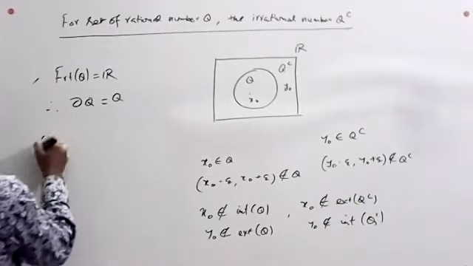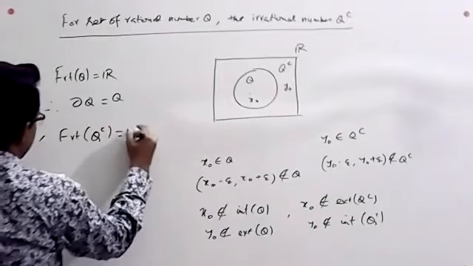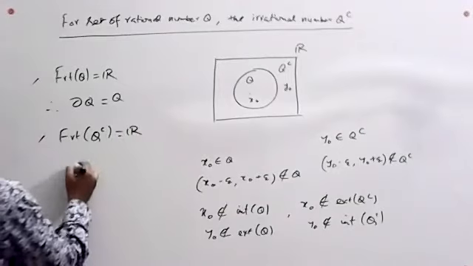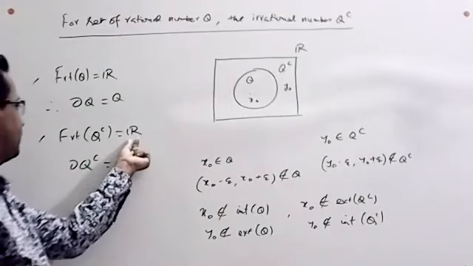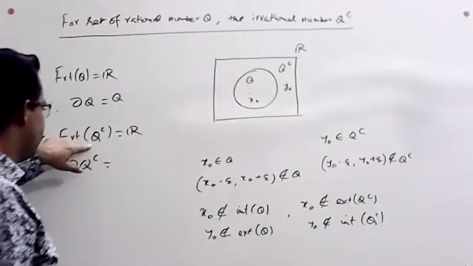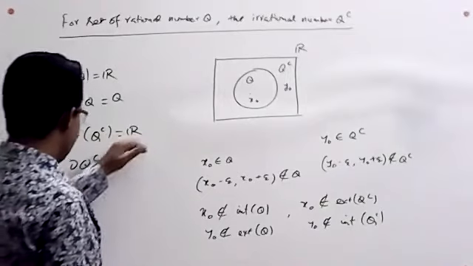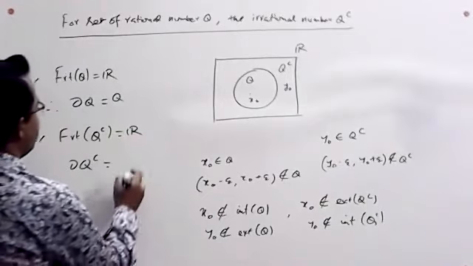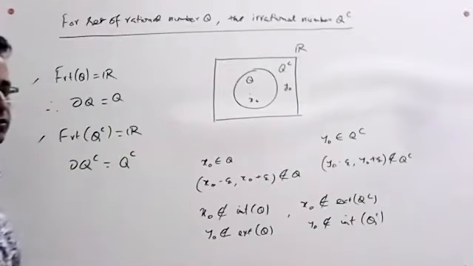As well as, the frontier of Q complement is also the set of all real numbers. And for the boundary of Q complement, among these frontier points, only irrational numbers belong to the respective set. So the frontier of Q complement is R, but the boundary of Q complement is Q complement, that is, the set of irrational numbers.